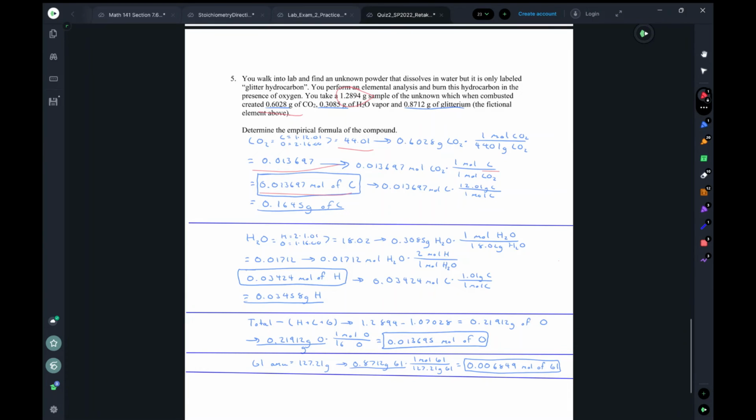Though we're not finished there, we need to keep the moles of carbon in a safe space for later. But next, we'll need to convert the moles of carbon into grams. Thus, we'll just times it by the molar mass of carbon, leading us to 0.1645 grams of carbon created from the combustion.